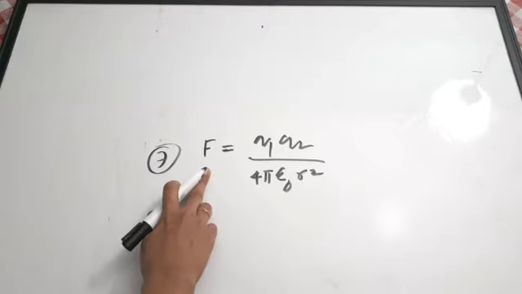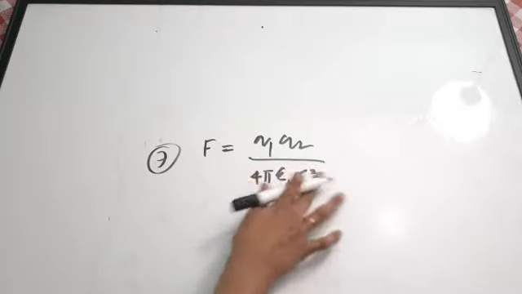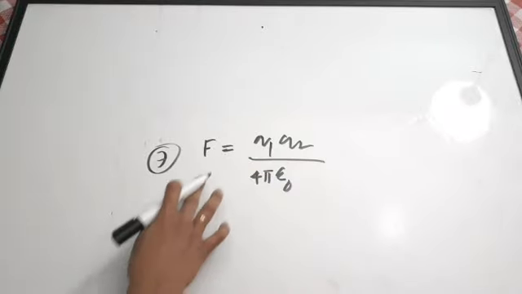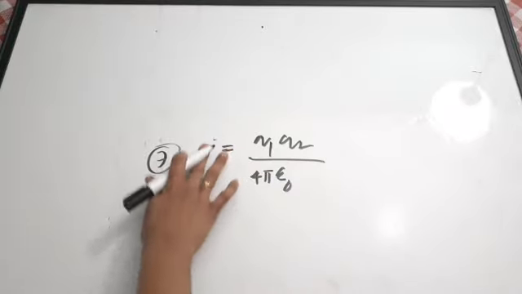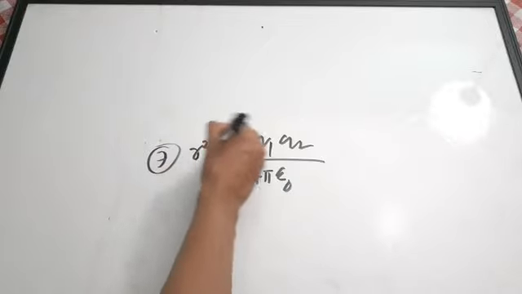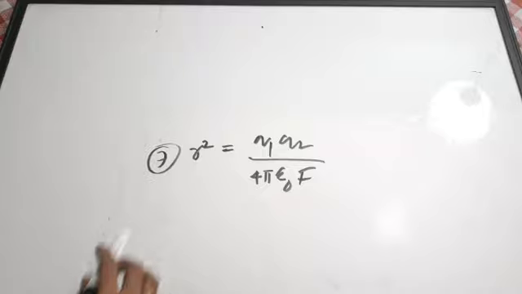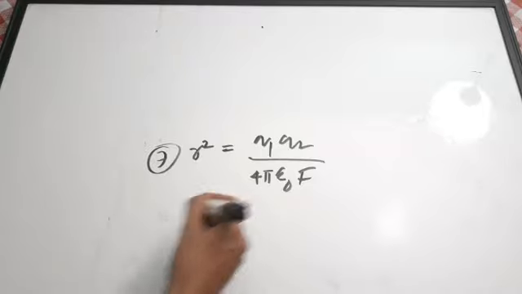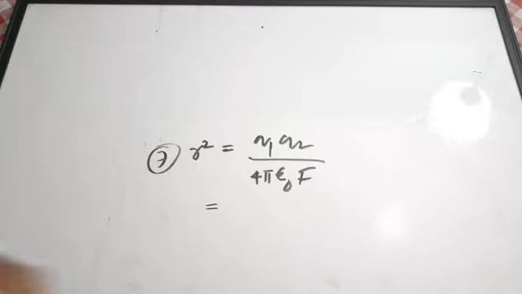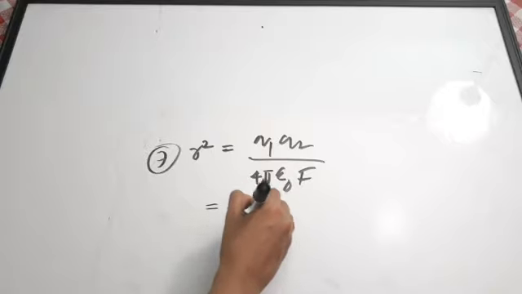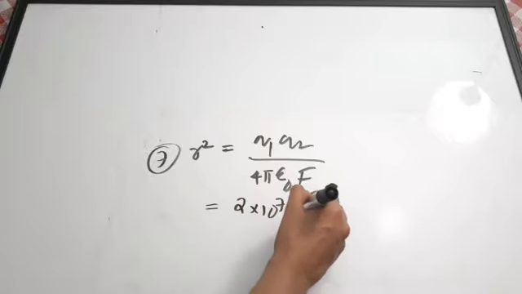Force is 0.1 Newton. So we'll write in terms of R, we need to find R, right? So R square equal to Q1 Q2 by 4 pi epsilon 0 F. Substitute the values for Q1 and Q2. Q1 is 2 into 10 raised to 7 Coulomb.